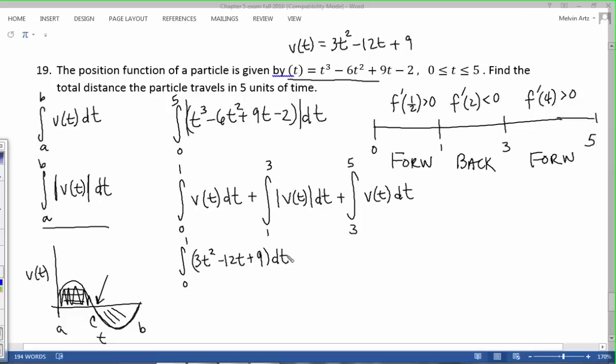Our antiderivative is t cubed minus 6t squared plus 9t. We're going to evaluate this from 0 to 1.